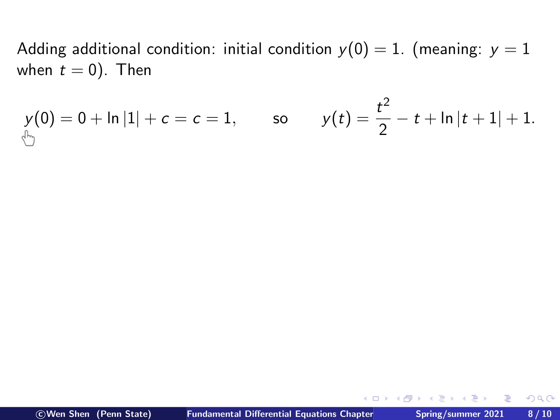So y of 0 will be 0 plus ln of 1 plus c, which is just c, and that must be 1. So this allows us to nail down the constant c is 1. And now you have your solution with the initial condition, that is here where you put c to be 1. So now this is not a multiple function, it's just one single function here.